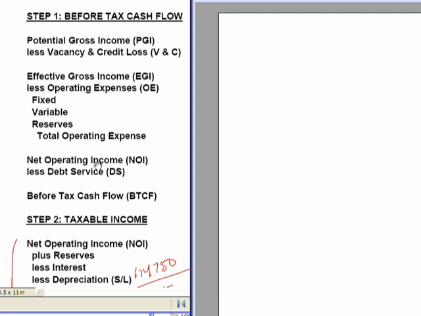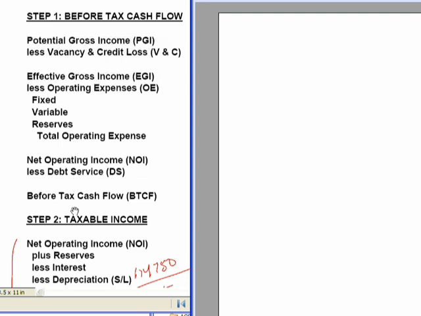NOI is not the money left in the investor's pocket, because most investors borrowed money to get into the investment, and they have a debt service, and investors have to pay taxes on their income. So we have to calculate taxes too. If we subtract out the debt service, and this is the annual debt service, because this potential gross income is annual.